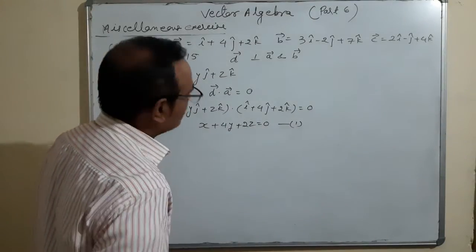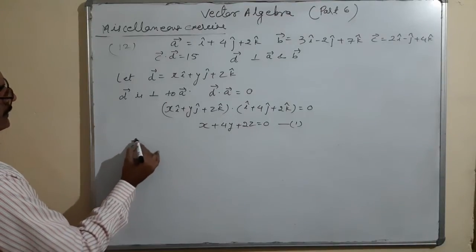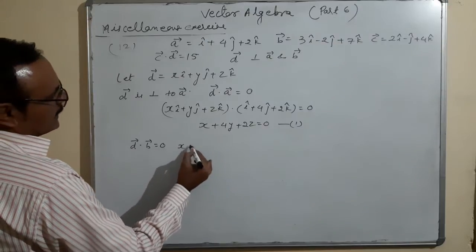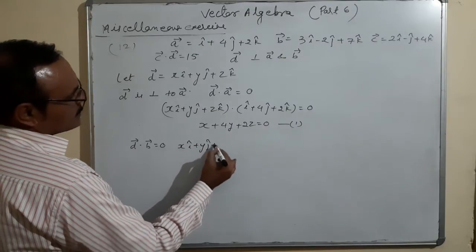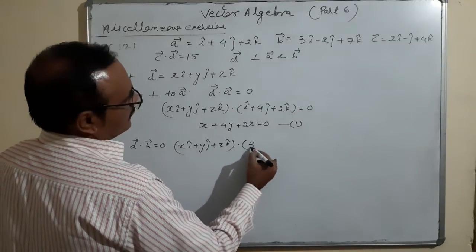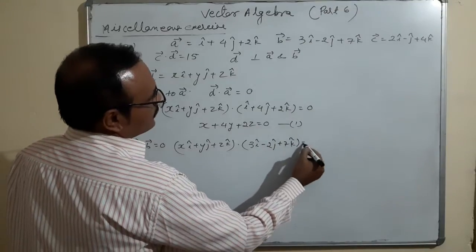Equation number 1. Same as vector d is perpendicular to b, that means vector b dot vector d is equal to 0. So this is xi plus yj plus zk dot vector b, 3i minus 2j plus 7k, is equal to 0.